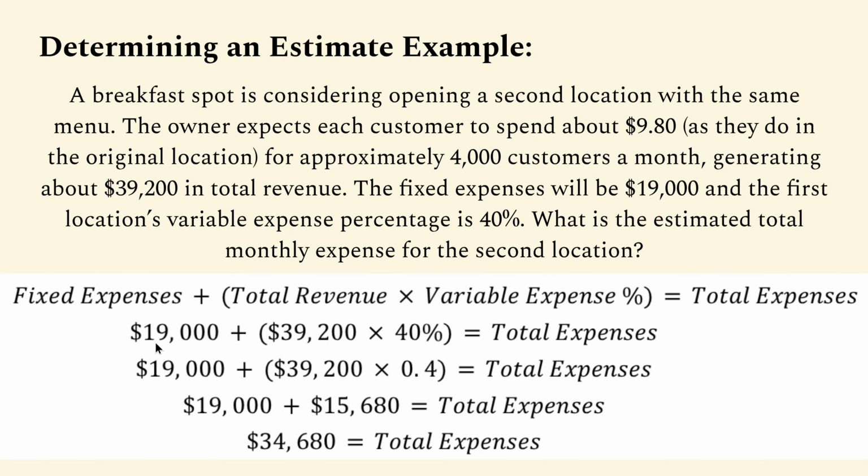So our fixed expense was $19,000. We're going to figure what that projected revenue is multiplied by the first location's variable expense. So $19,000 plus, when we solve the parentheses, $39,200 multiplied by 0.4.